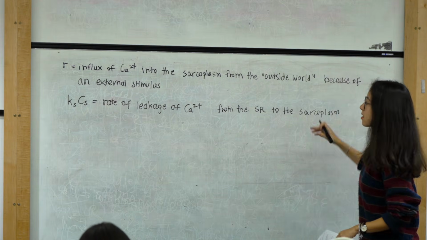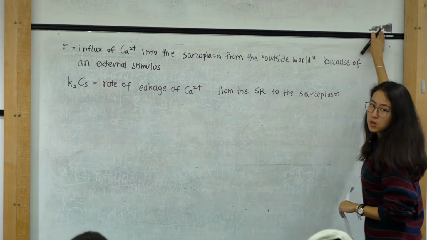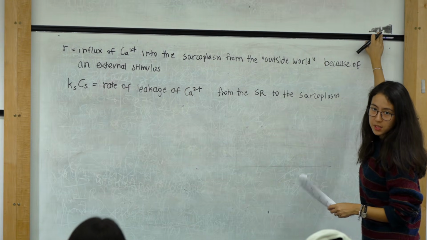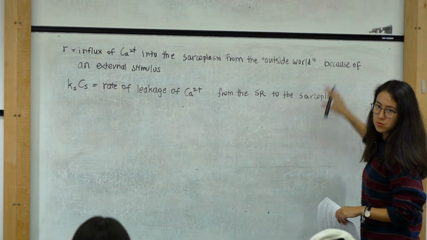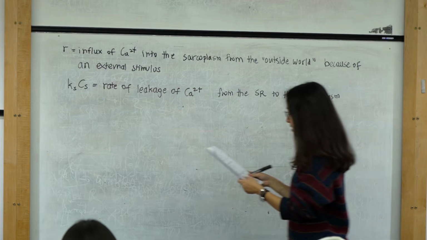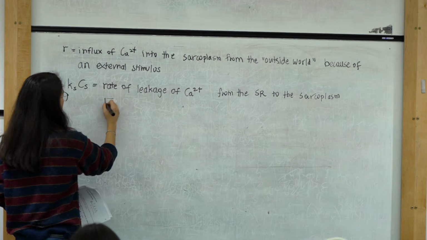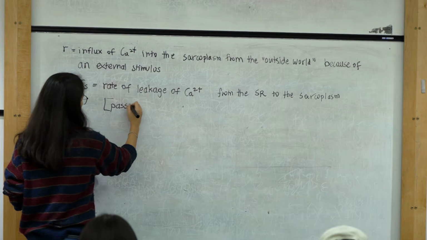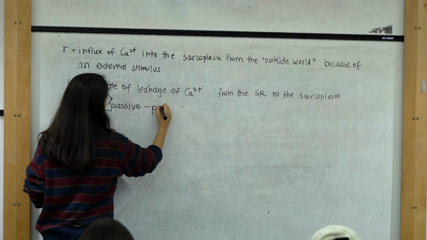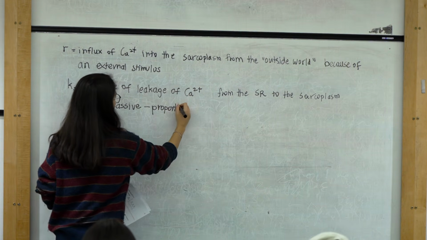Notice that in the green ones I wrote active release or uptake. In this case it's just diffusion, so that's why it's proportional to the concentration. It's something that is passive, proportional to concentration.